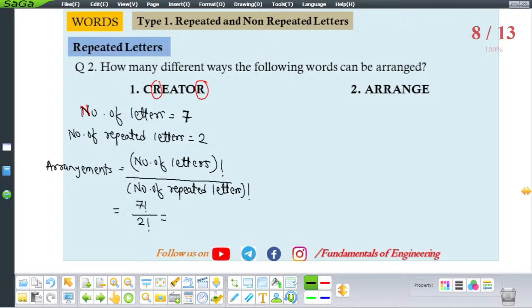We can't do 7 into 6 into 5 into 4 into 3 into 2 into 1. Instead of that, we know the factorial values, we can directly write them here and do the calculation, because in the denominator we have to divide by 2 factorial.